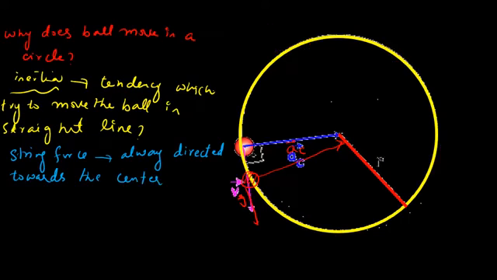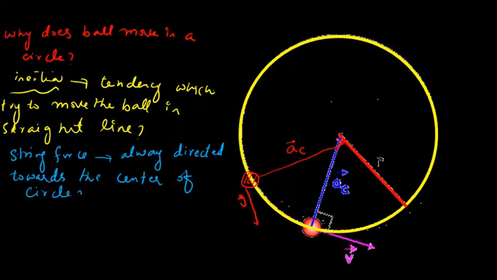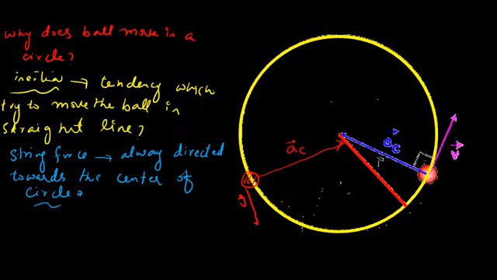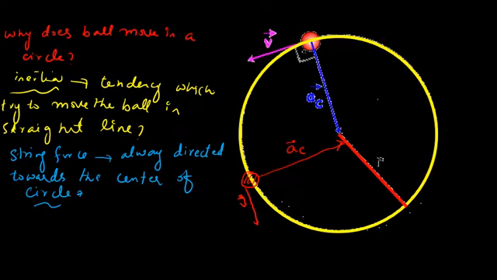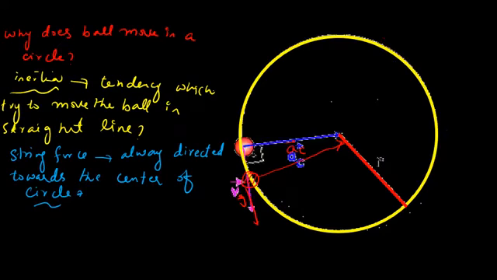This string force prevents the ball from moving in a straight line and makes it move in a circular path.